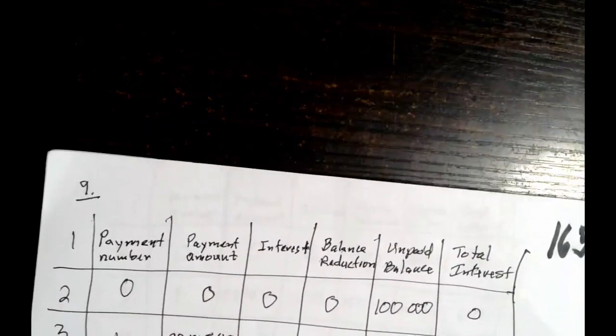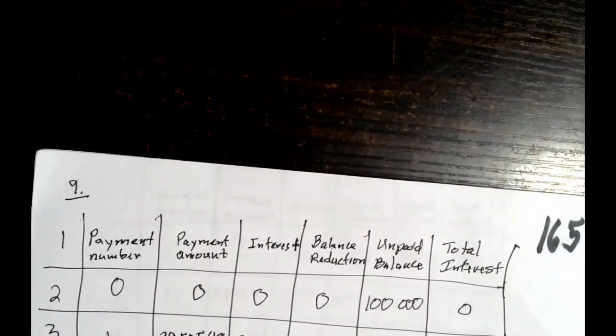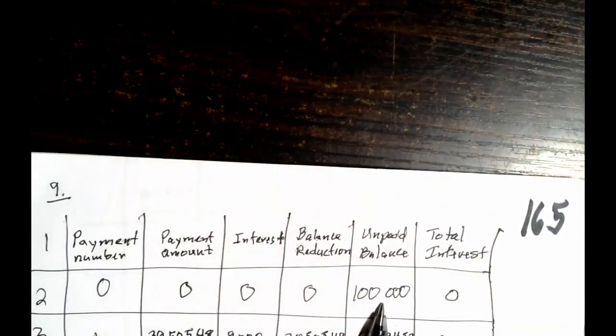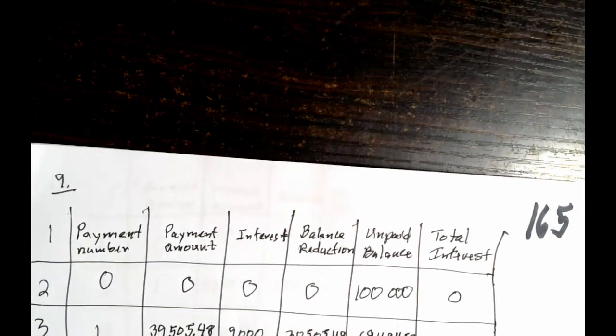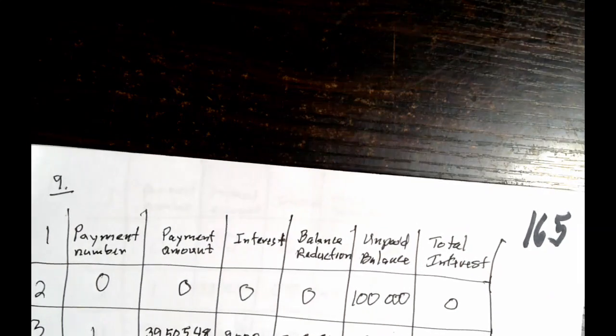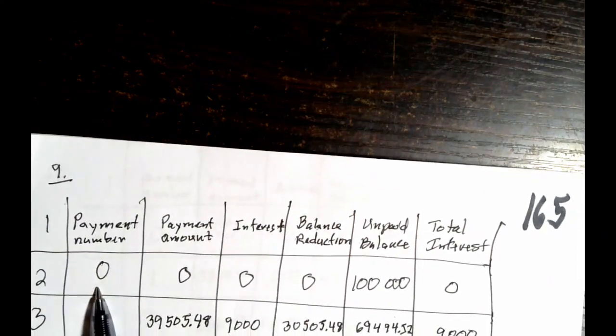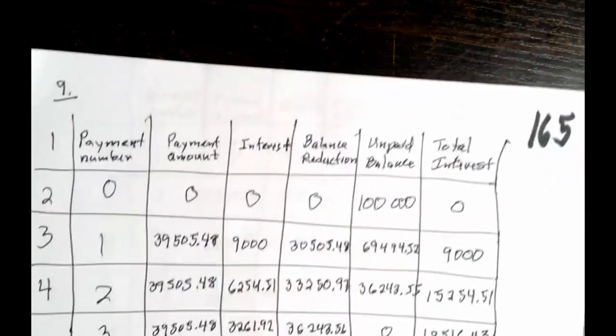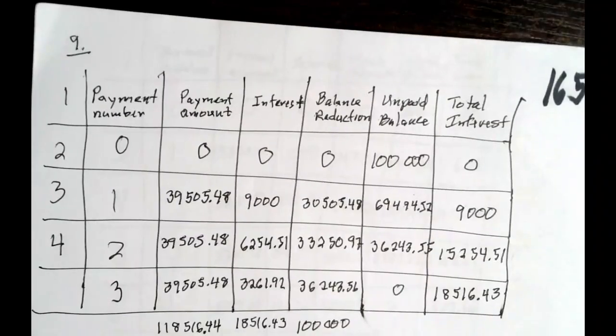Number 9, develop an amortization schedule for the loan described. $100,000 for 3 years at 9% compounded annually. Okay, so your payment number is 0, 1, 2, and 3. Payment amount, interest, and so on. So you calculate with what A is and I and N are.